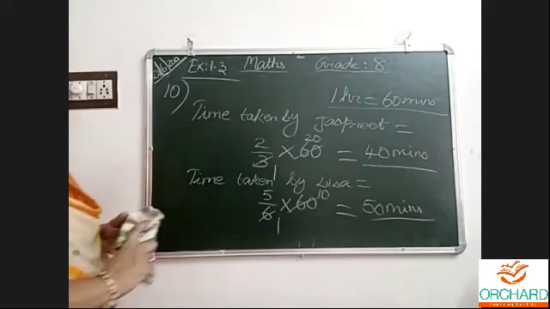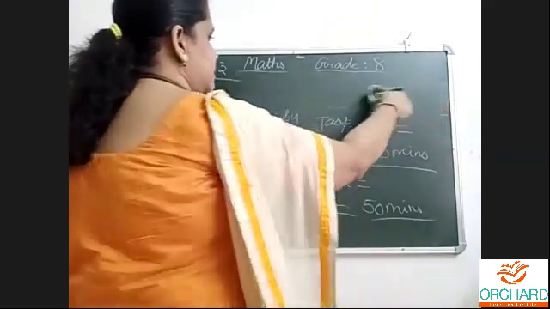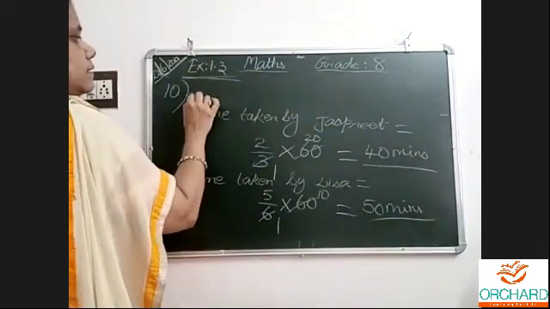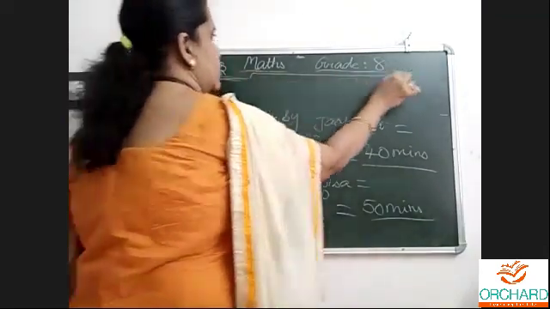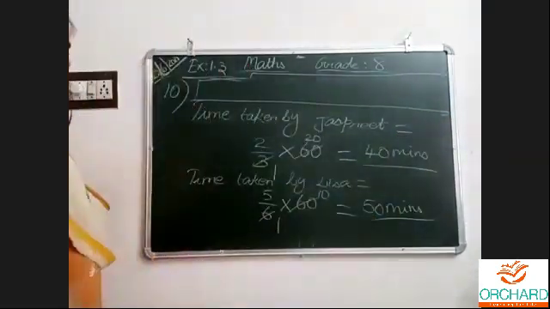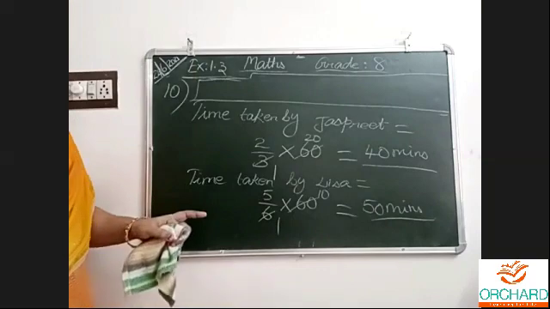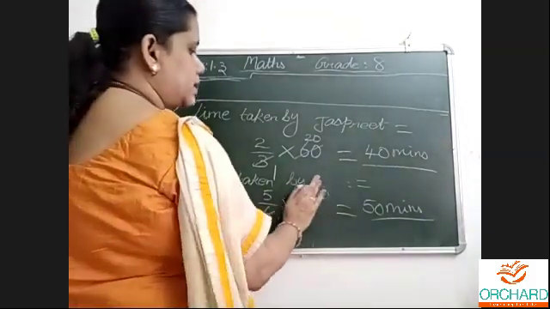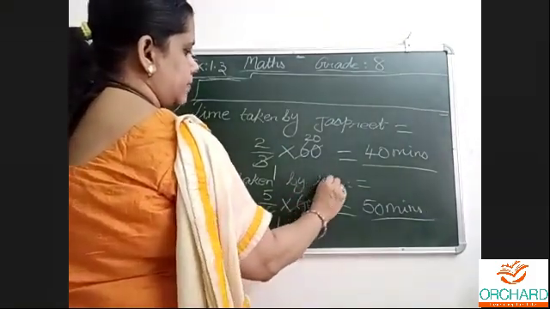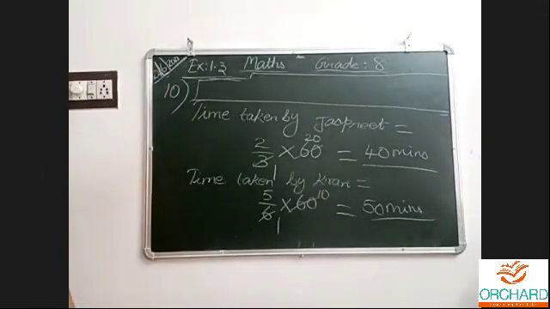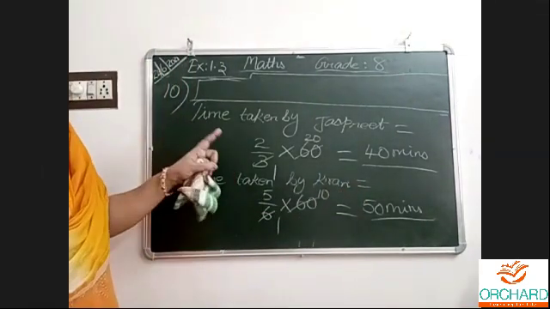One more child is there. For her, I will use this place. Okay, Kiran over. Now next is time taken by Lisa. They have taken 2/3 of an hour, first child Jaspreet.